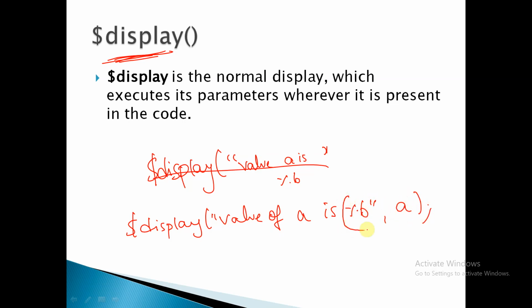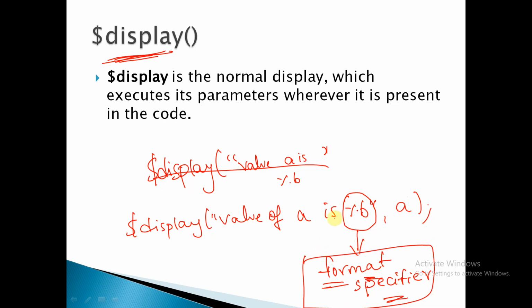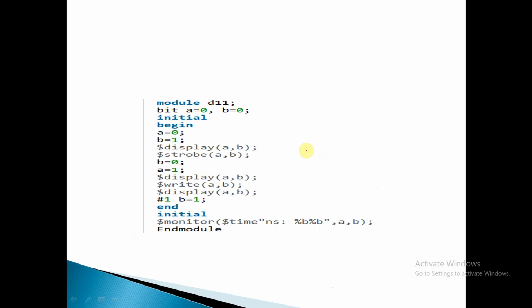Here %b is called my format specifier, that is, the format in which I want to present my value. It should be in binary, or decimal, or a string value. For everything we have some format specifiers. I think it is included in this ppt only.